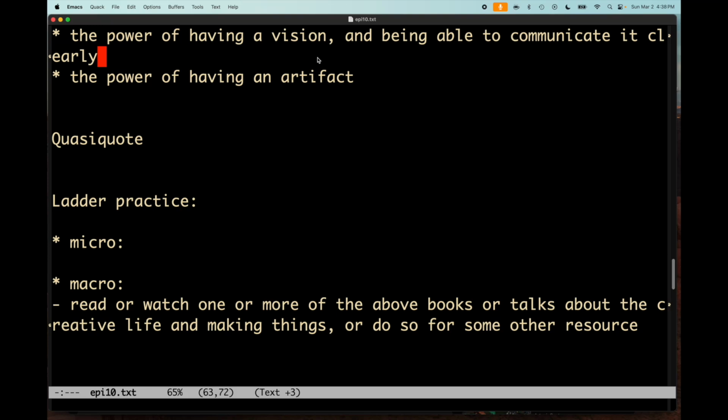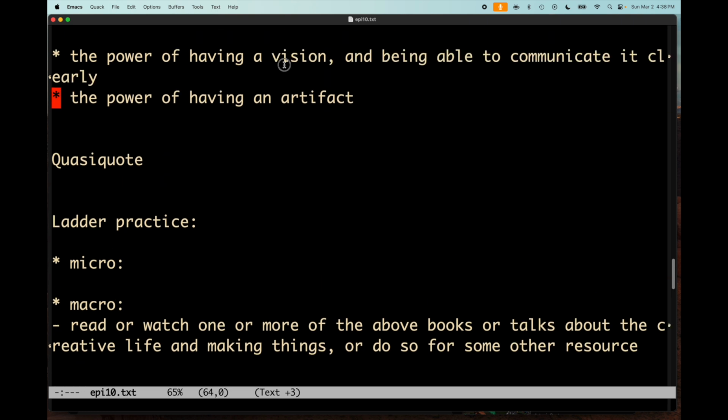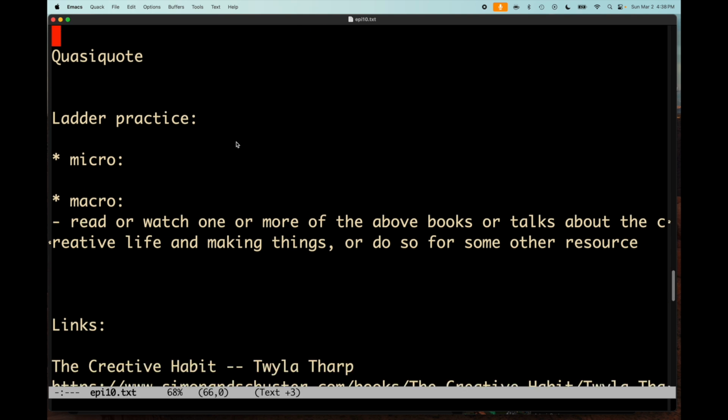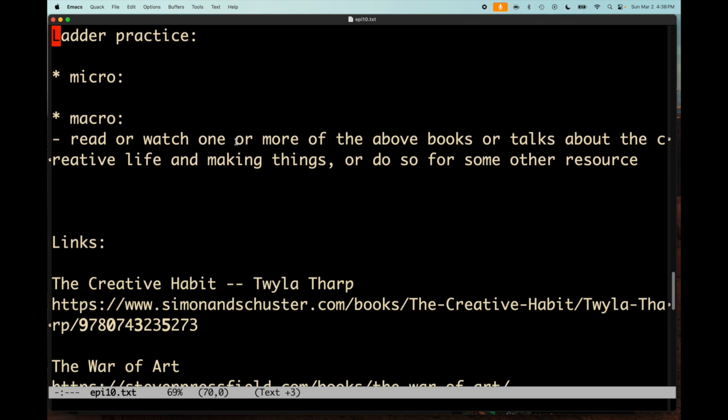I don't think it's easy in either case, but that's another one you could read about, Dune, or things like Jodorowsky's Dune, that documentary.